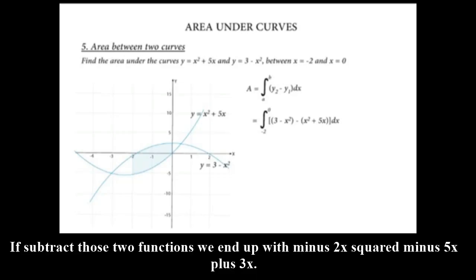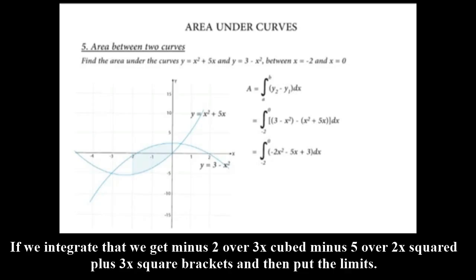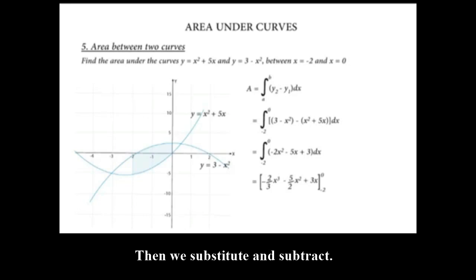If we subtract those two functions, we end up with minus 2x squared minus 5x plus 3. If we integrate that, we get minus 2 over 3 x cubed minus 5 over 2 x squared plus 3x, square brackets and then put the limits. Then we substitute and subtract.